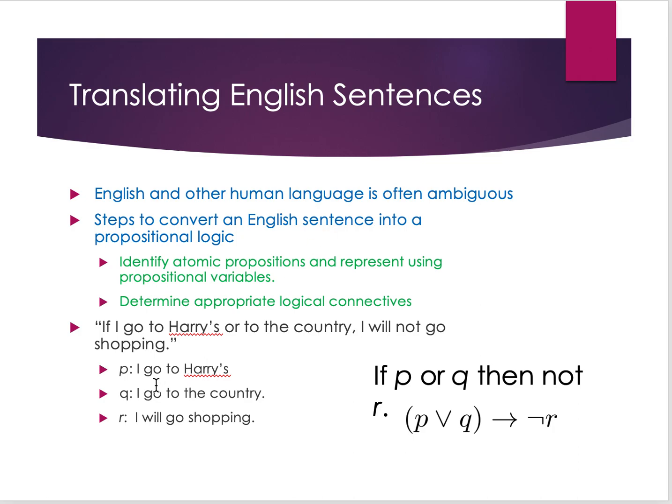So I have already assigned P, Q, and R to each of the propositions. This sentence can be presented as: P disjunction Q in brackets, then negation R. So if I go to Harris, or I go to another country, then I will not go shopping.